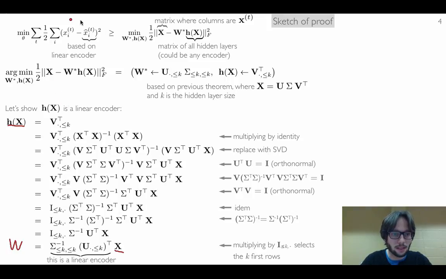If we want to optimize this thing here, the best we could do would be this, and this could be obtained by having a linear encoder. So the best reconstruction we could ever get with a linear decoder is to have this matrix here equal to that, and this expression can be obtained by a linear encoder. Thus we've shown that the best autoencoder with a linear decoder is achievable by a linear encoder.